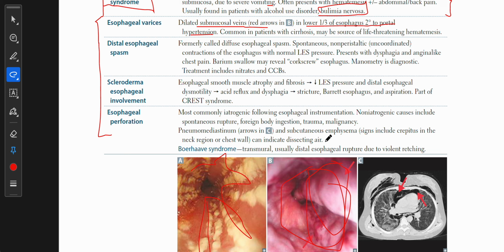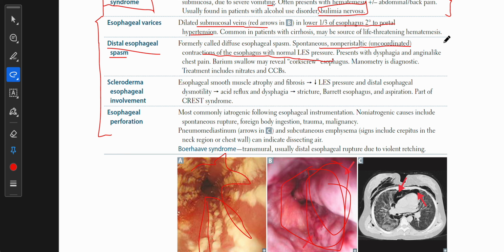Distal esophageal spasm is another disease, formerly called diffuse esophageal spasm, because it occurs almost entirely in the walls of the esophagus, right? So spontaneous, non-peristaltic, uncoordinated contractions of the esophagus with normal LES pressure is distal esophageal spasm.